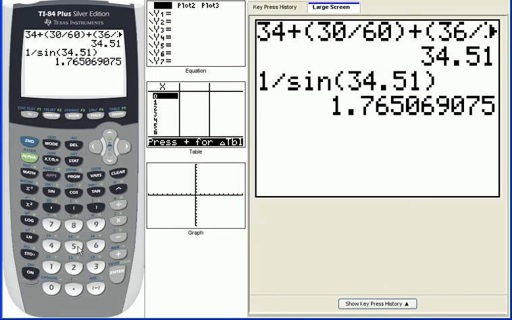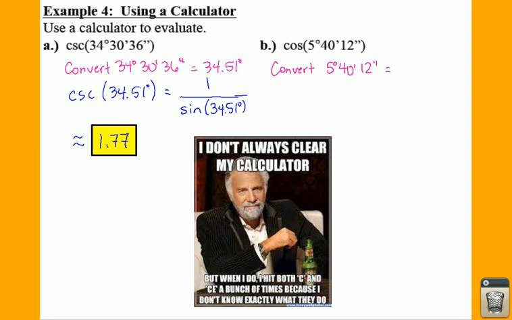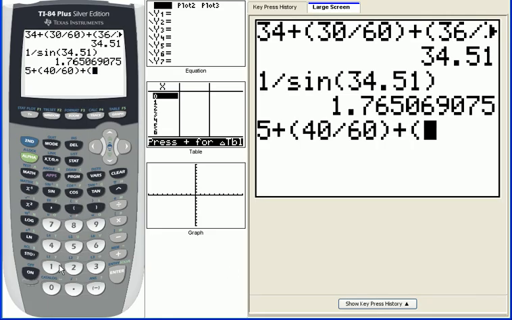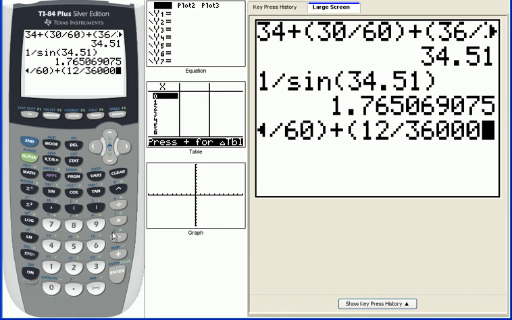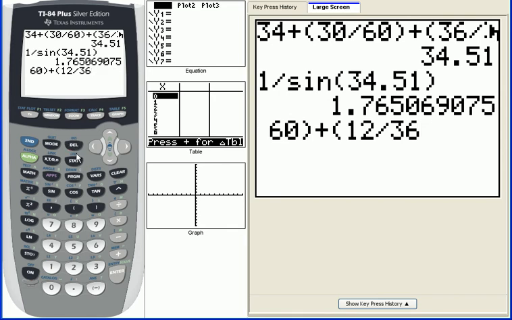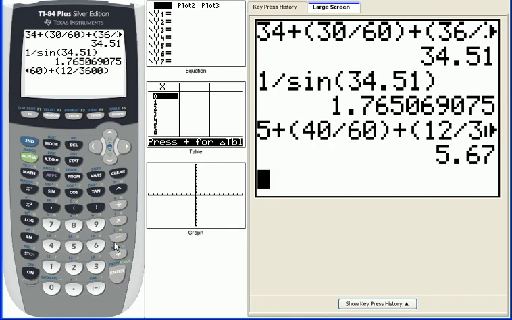So you're going to have 5 plus, parentheses, 40 divided by 60, plus, and I always forget the last one, 12. So you're going to have parentheses 12 divided by 3600. Whoops, one too many zeros. Delete that. Now we enter.